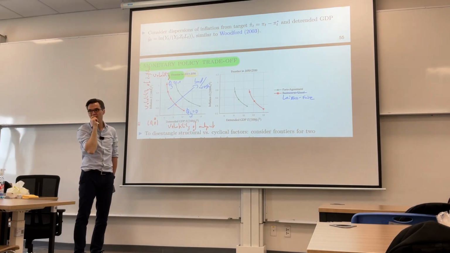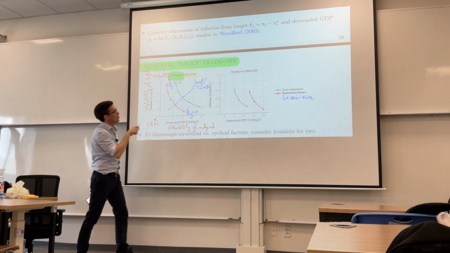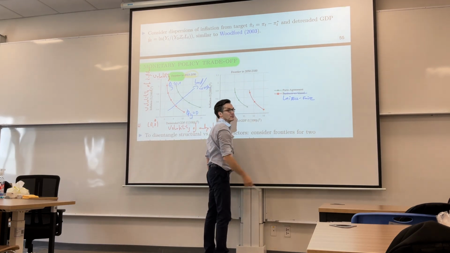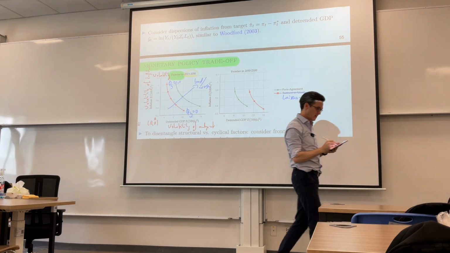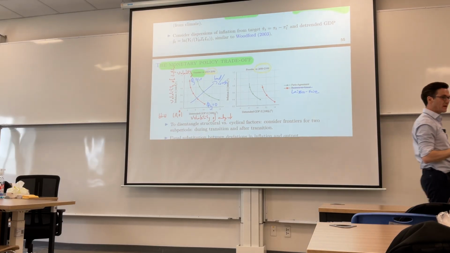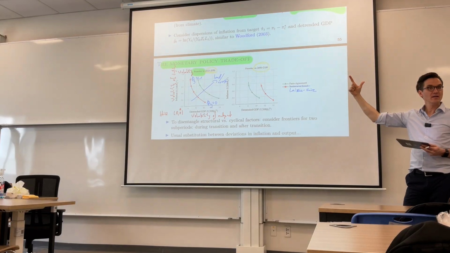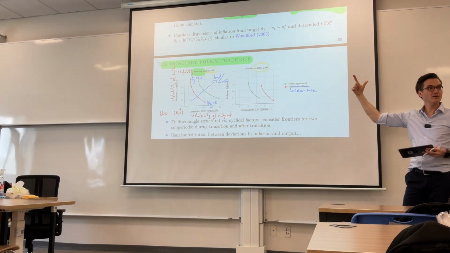But now comes the kicker. When you look at the volatility frontier for the remaining 50 years, so for the longer run, notice what happens. You're going to get a switch in the ordering of the volatility frontier.